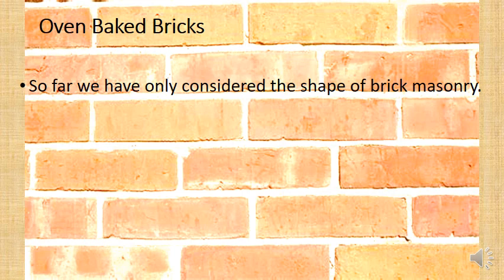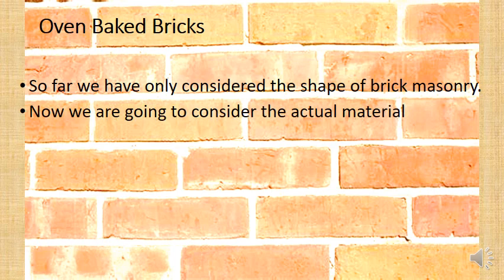So far, all we've considered is the shape of masonry blocks. So we've talked about the sizes, whether there's frogs or cavities in them, the dimensions, the nominal dimension, the coordinating dimension.